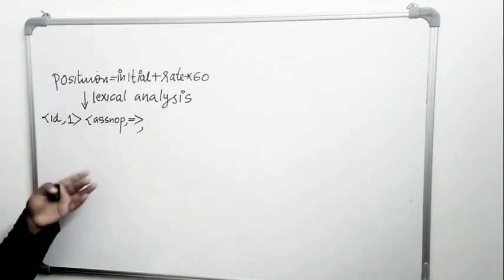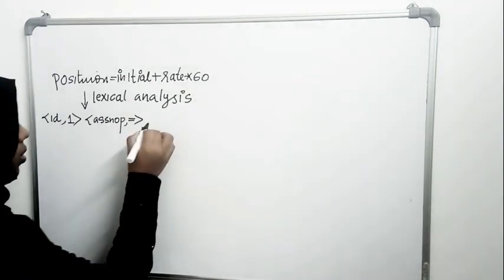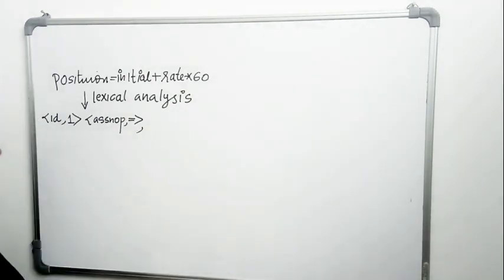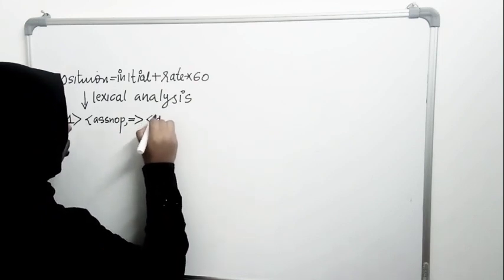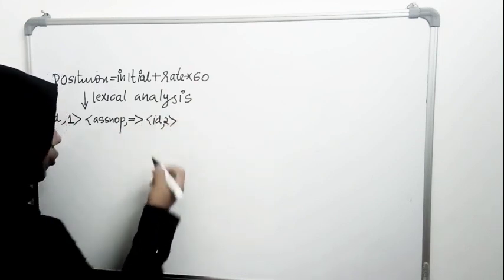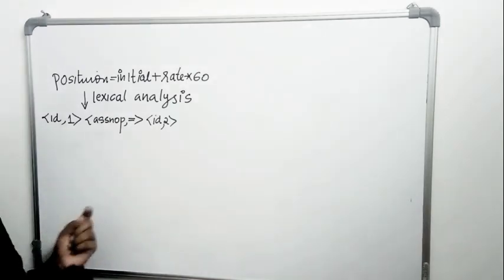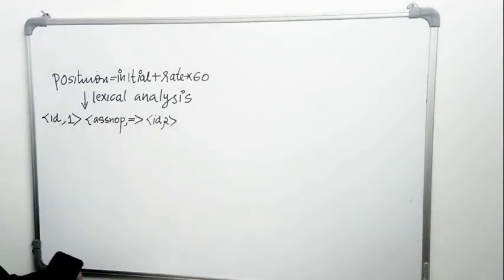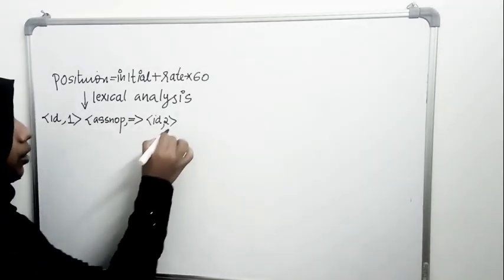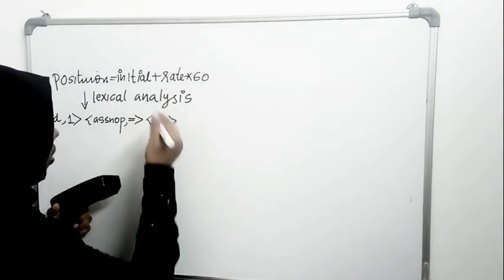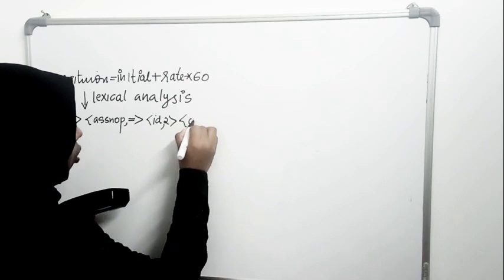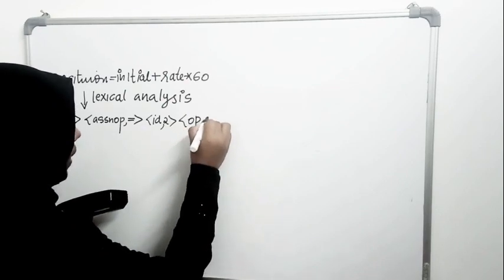Now you know that initial is again an identifier, so ID, comma 2. Let 2 mean that initial is present in the second row of the symbol table. Now plus, which is an operator, so op, comma plus.